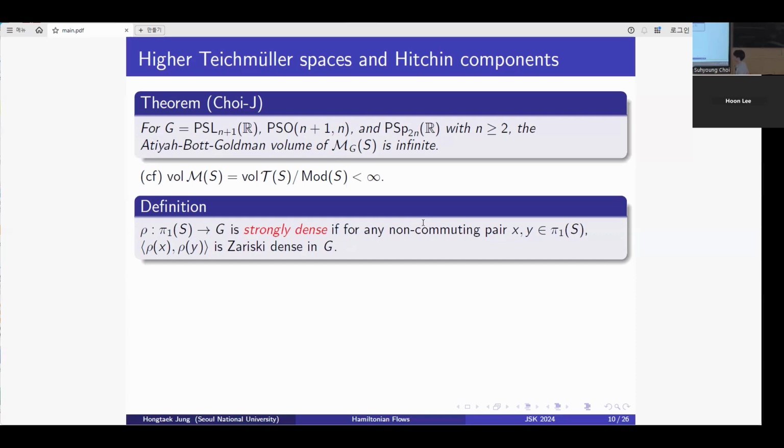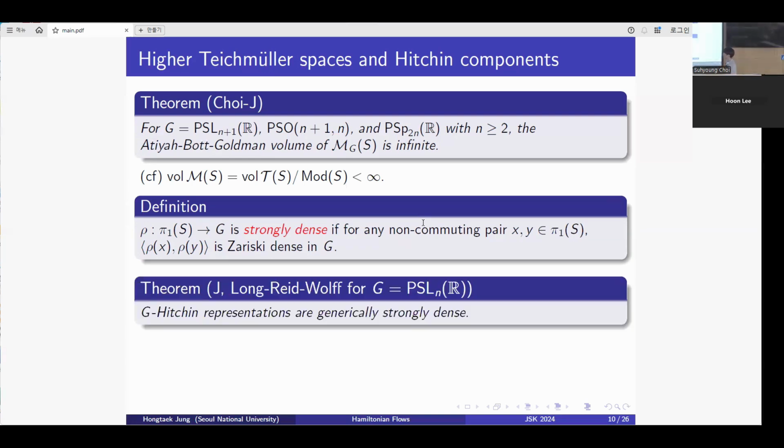Well, these 2, rho of x and rho of y, may or may not generate a Zariski dense subgroup of G. If it happens to generate a Zariski dense subgroup for any choice of non-commuting x and y, then you call this representation strongly dense. And our main theorem shows that G-Hitchin representations are generically strongly dense. That means away from a codimension 1 analytic subvariety, these Hitchin representations are always strongly dense.